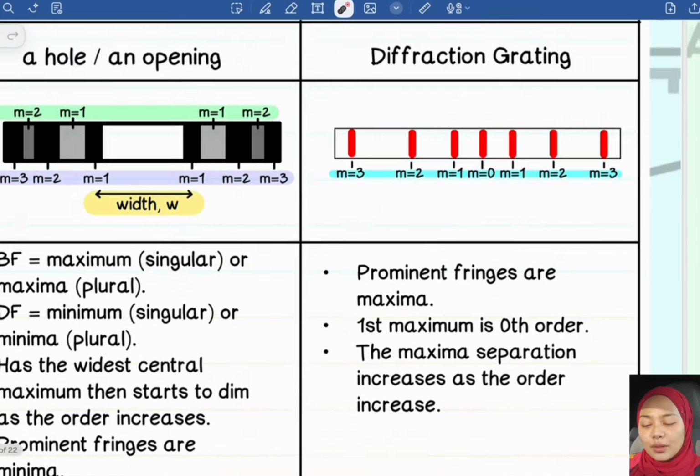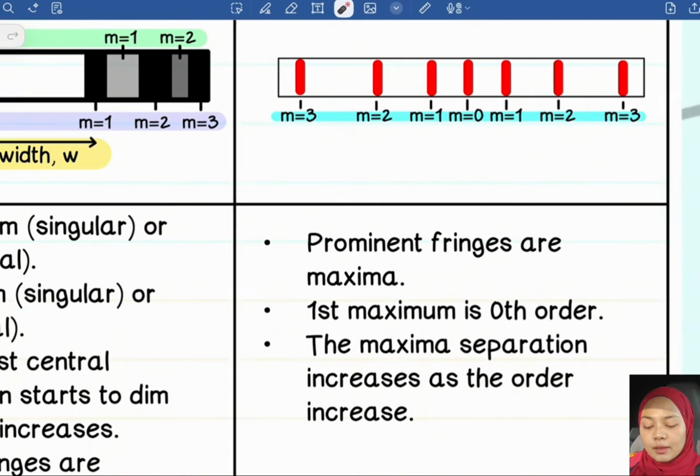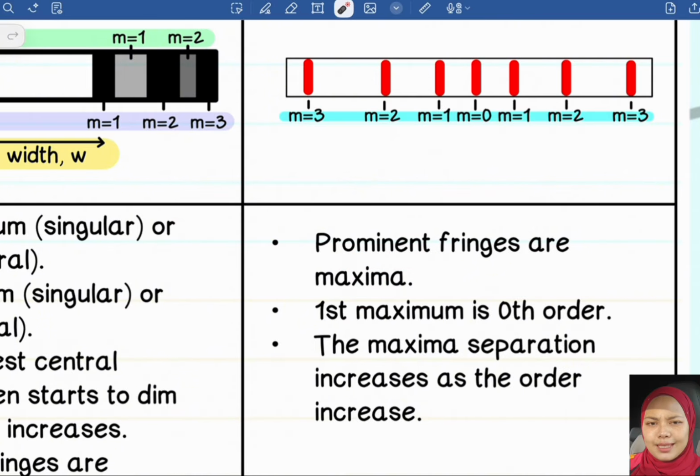Now let's go to the last one, which is the multiple slit. The prominent fringes are maxima. We don't really observe the minima per se because the lights are so strong, so we don't much care about the minima. The first maximum is the 0th order, which is basically the central maxima.